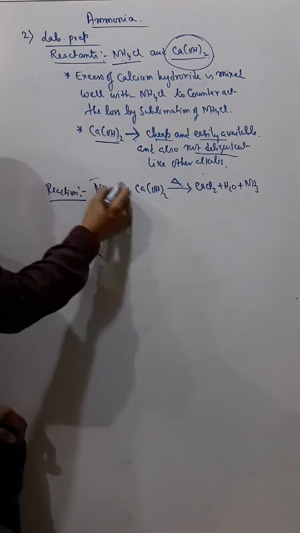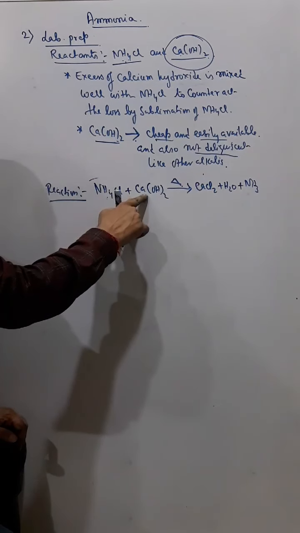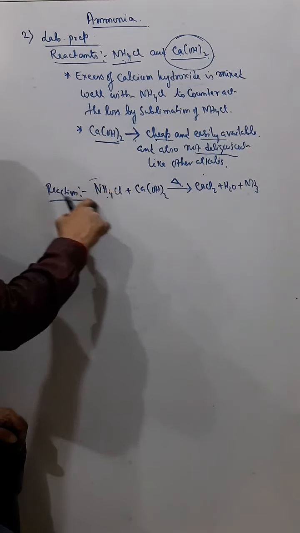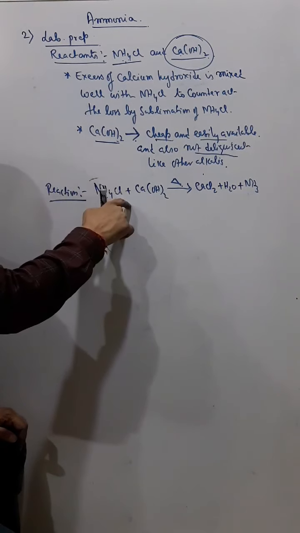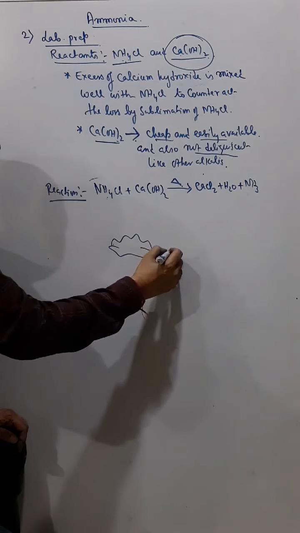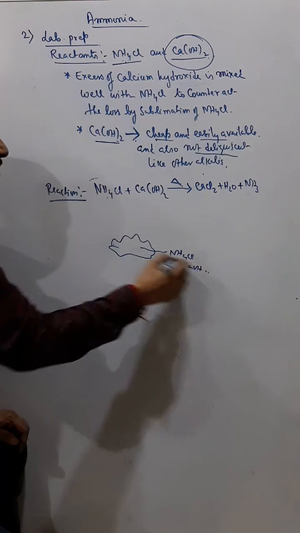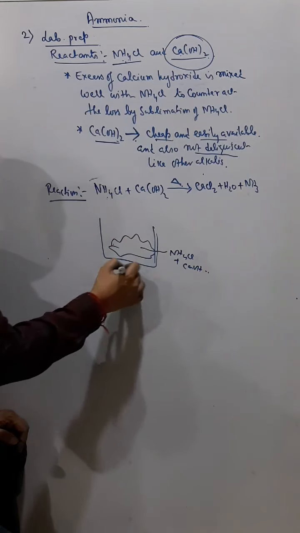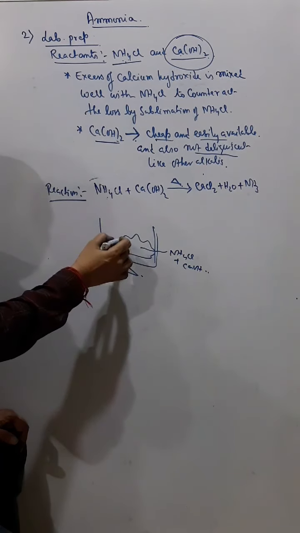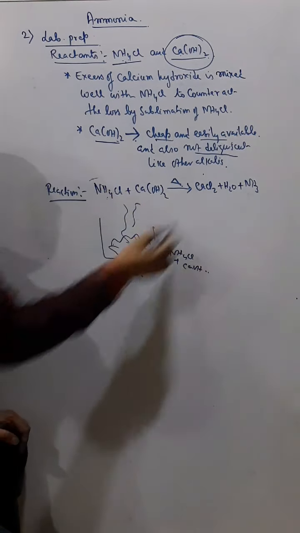Now, to minimize this sublimation, what we do, we take a greater quantity of calcium hydroxide thoroughly mixed with ammonium chloride. Otherwise, you can understand, if in this mixture of NH4Cl and Ca(OH)2, when we heat, if most of the ammonium chloride sublimes, then how will they react?